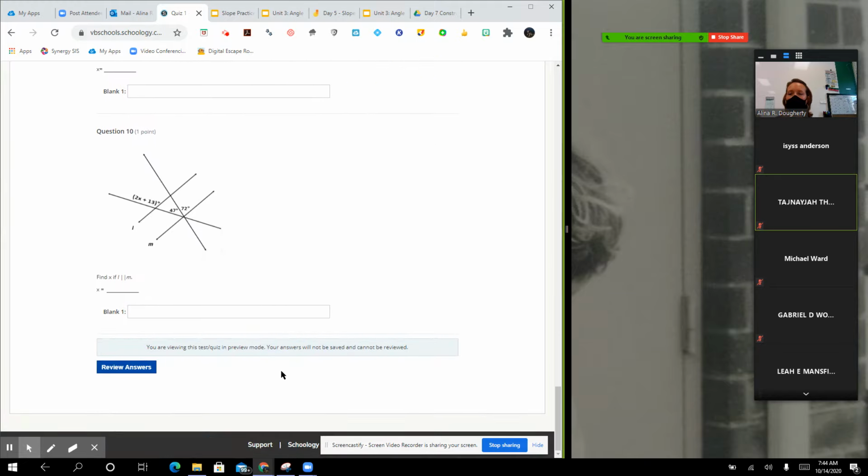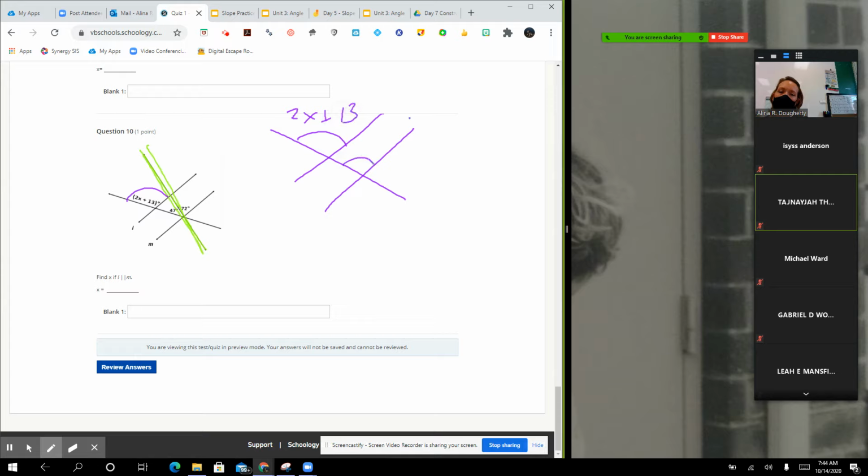And let's go down to 10. Oh, 10 was the monster question. So if I could, and I can't, so I'm sorry, I would erase this line right here. You don't need it. So if I draw my parallel lines like that without that green line, this top angle is 2x plus 13.